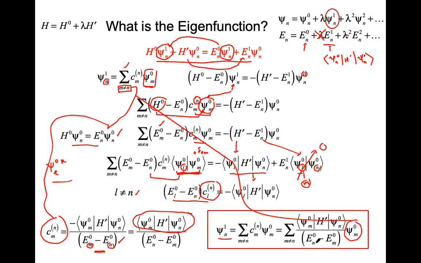Because you know what these guys are, right? Those two things in the denominator for an infinite square well case are exactly what we said. E sub n, and I'll write it one more time, is equal to h bar squared pi squared n squared, or m squared, depending on whether you're getting this one or that one, divided by 2 times the mass of an electron times a squared.